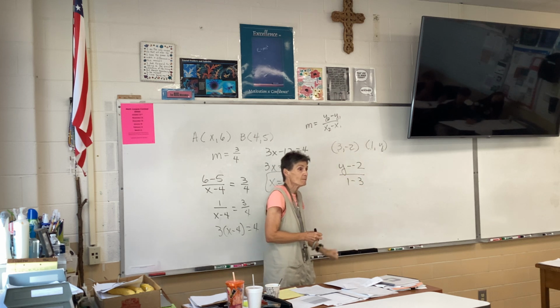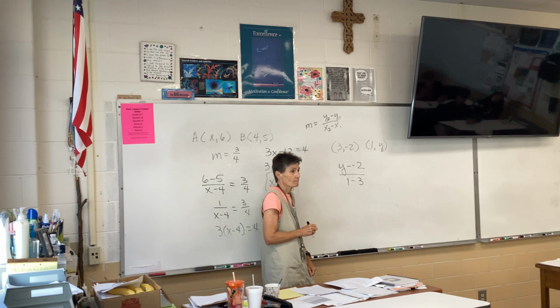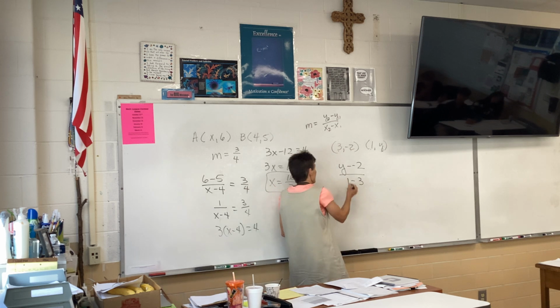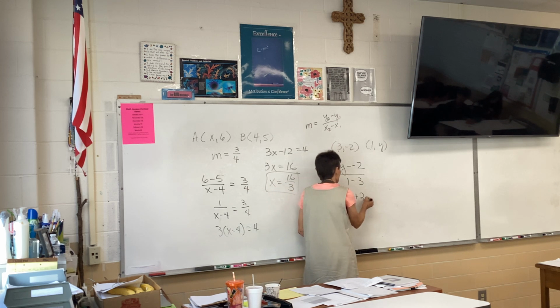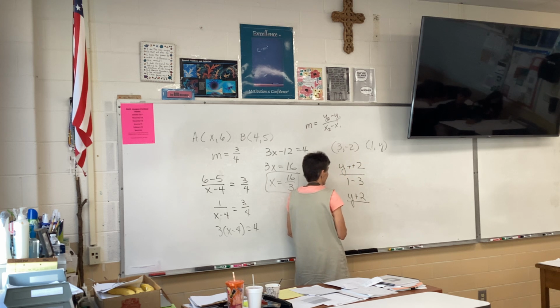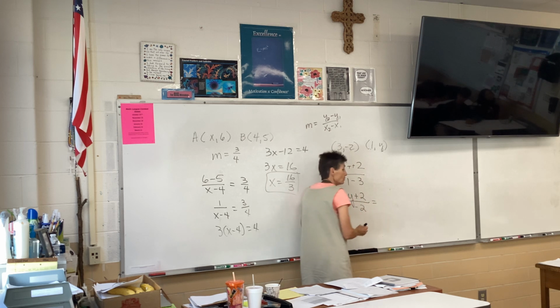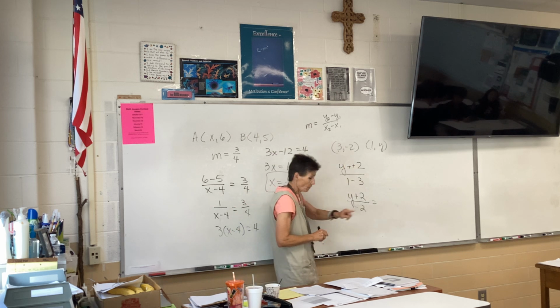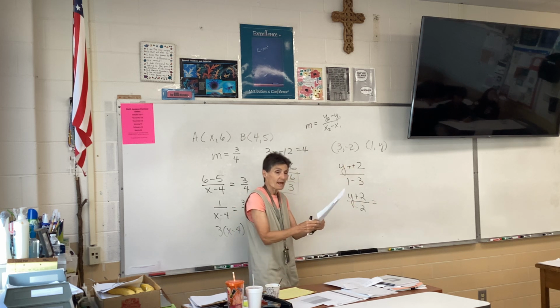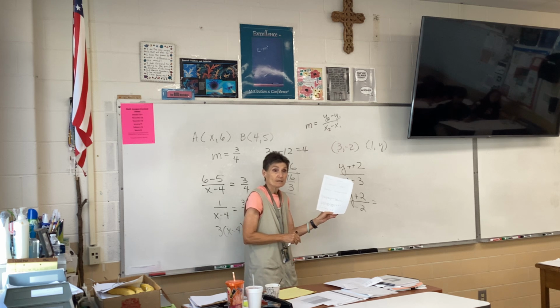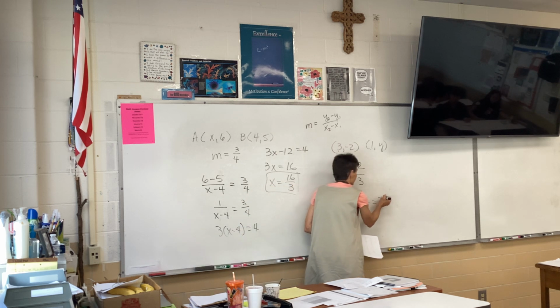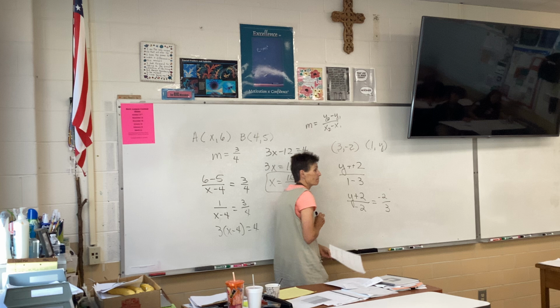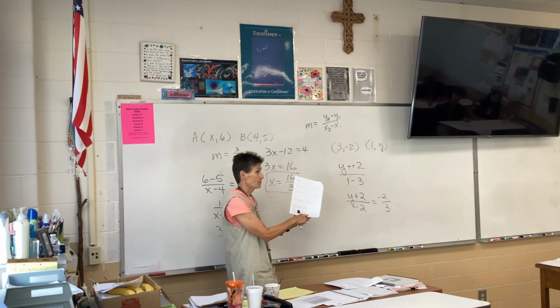Yeah, order doesn't matter. I like to have my variable first. So y plus 2 over negative 2 is my slope. But what do I know about my slope? It has to equal negative 2/3. They told me that in the problem.